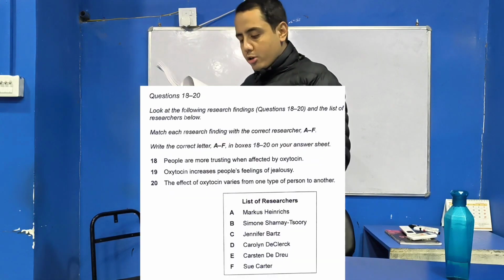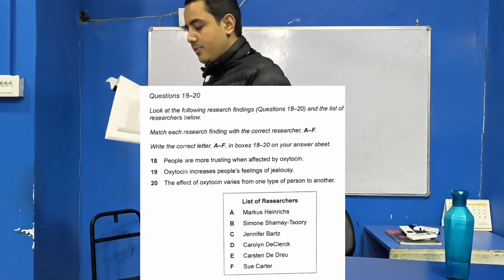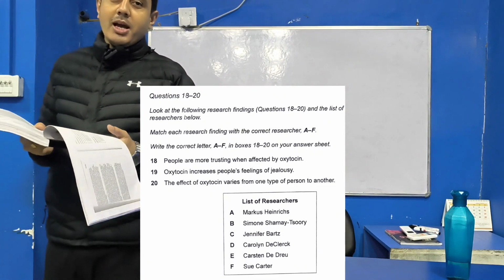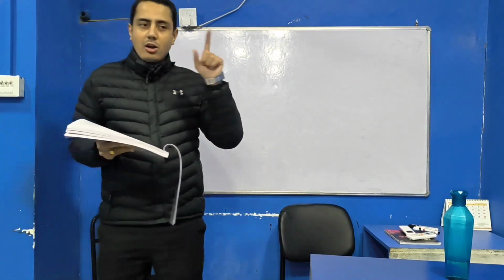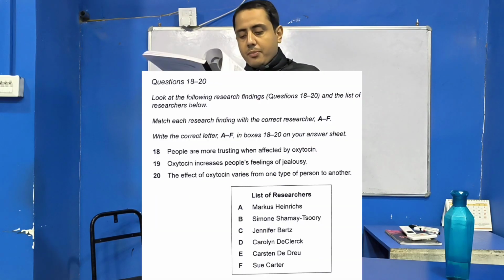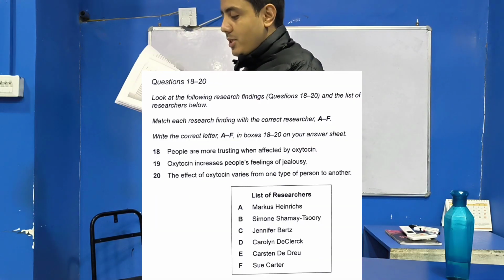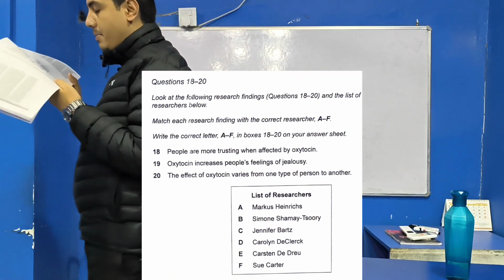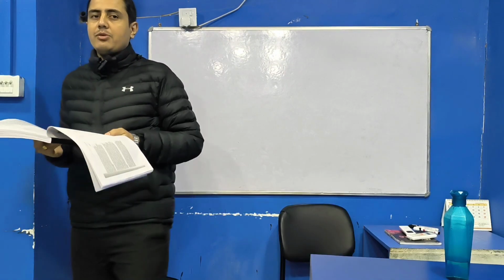Number 19. Oxytocin increases people's feelings of jealousy. Again I'm thinking of it as a love hormone, so when you are in love, I guess you get more jealous of your partner as well. Number 20, the effect of oxytocin varies from one type of person to another. So it is not the same for everyone.